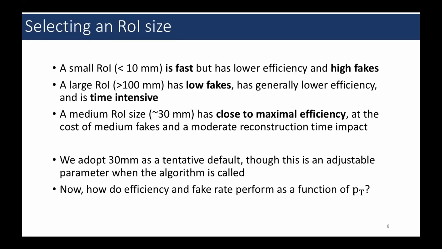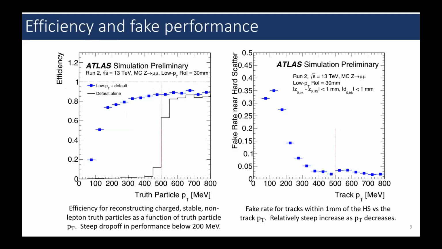So another key thing to consider for us, basically the key point of the algorithm, is how do efficiency and fake rate perform as a function of PT now? So on the left here, we have the efficiency plotted as a function of the truth particle PT. The nominal tracking is shown in the black line. You see, of course, that it dies off around 500 MeV, as it is supposed to.